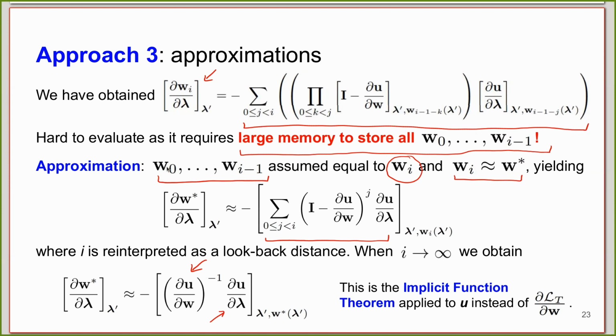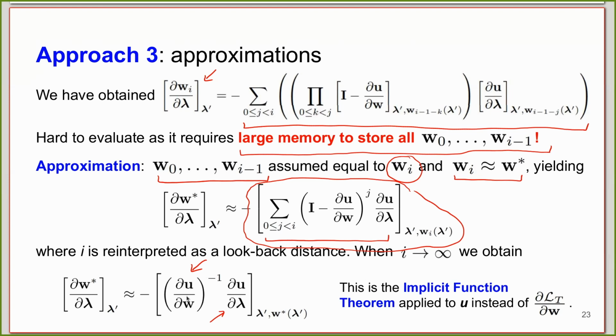So you don't need to store memory or anything. And you get this truncated Neumann series approximation, but it doesn't work with the Hessian. It works with the gradient of your update rule with respect to the weights, okay? And if you make the number of steps go to infinity, this Neumann series is going to converge to the inverse of this matrix.